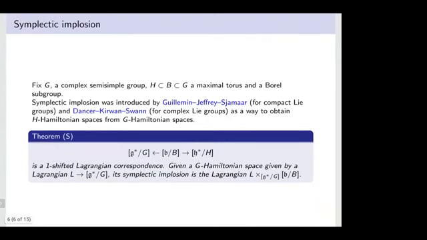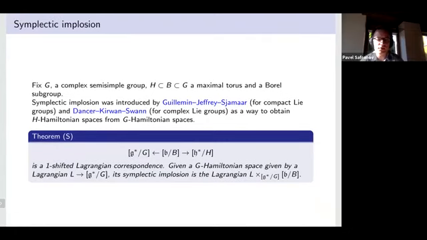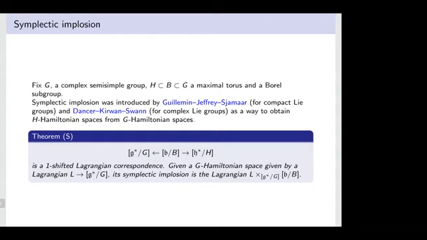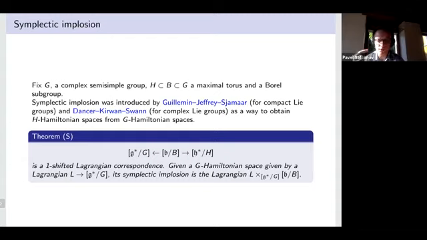All right. So let me say a few words about this procedure of symplectic implosion. Let's start with the complex semisimple group G, and let's choose a Borel and maximal torus, B and H. So there's a procedure called symplectic implosion, which, as I said, takes a G-Hamiltonian space and spits out an H-Hamiltonian space.